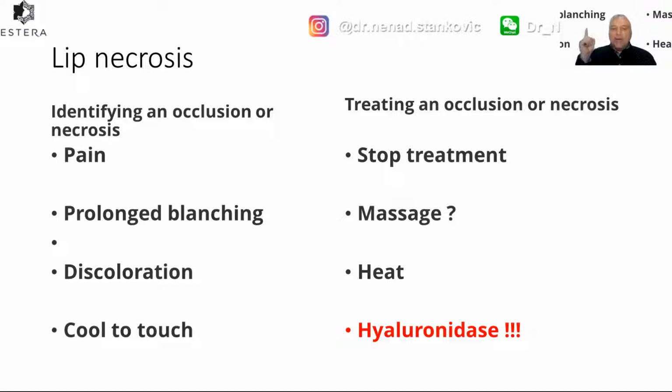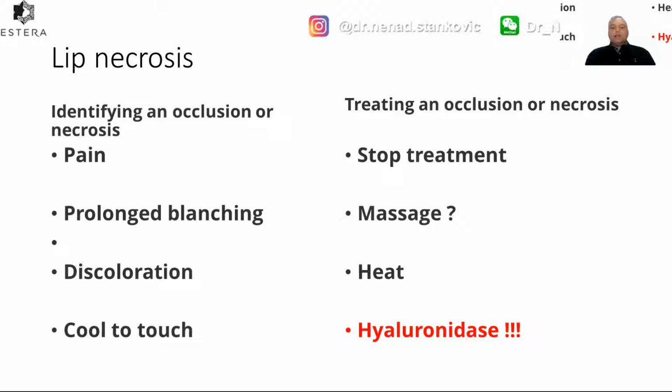Usually the patient feels a lot of pain, but of course if we used a lot of anesthetic, the pain will probably not be felt. Then we have prolonged blanching, discoloration, and it can be cool to touch. Of course the patient will usually feel the pain again after going home, and if we see those signs, we should definitely stop the treatment.